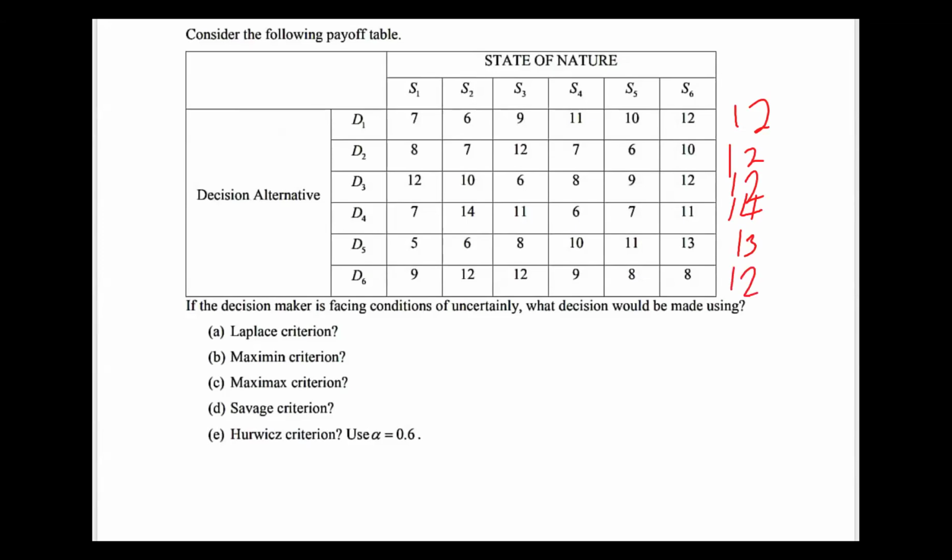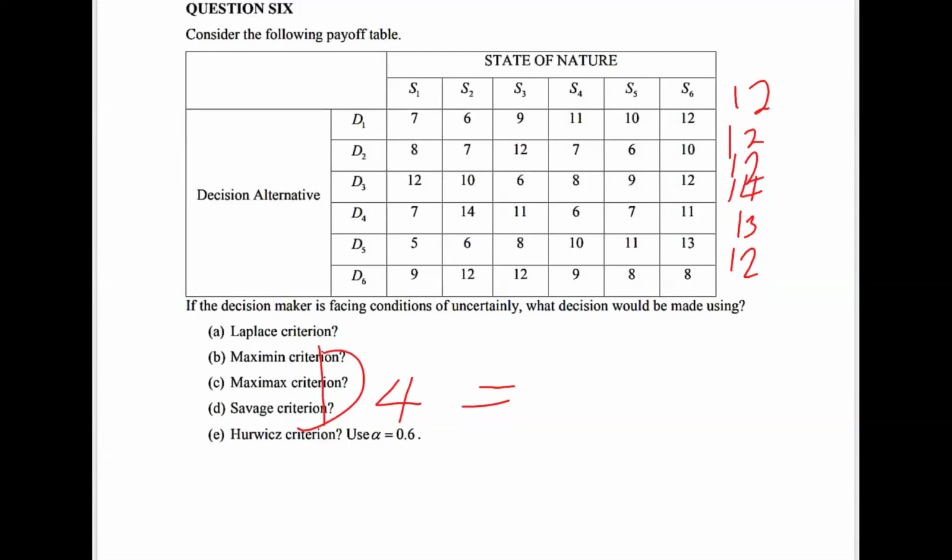Then again, what do we go for? We go for the maximum. So the highest score is on which decision? It's on decision 4. Any questions? No question.